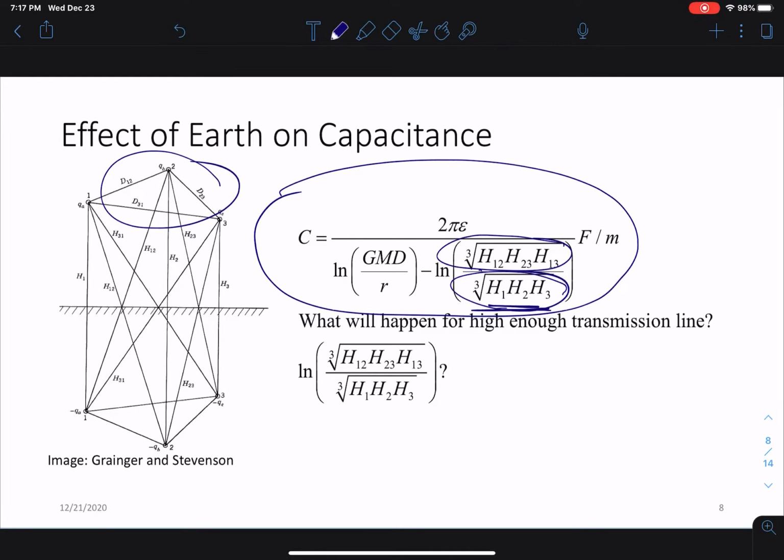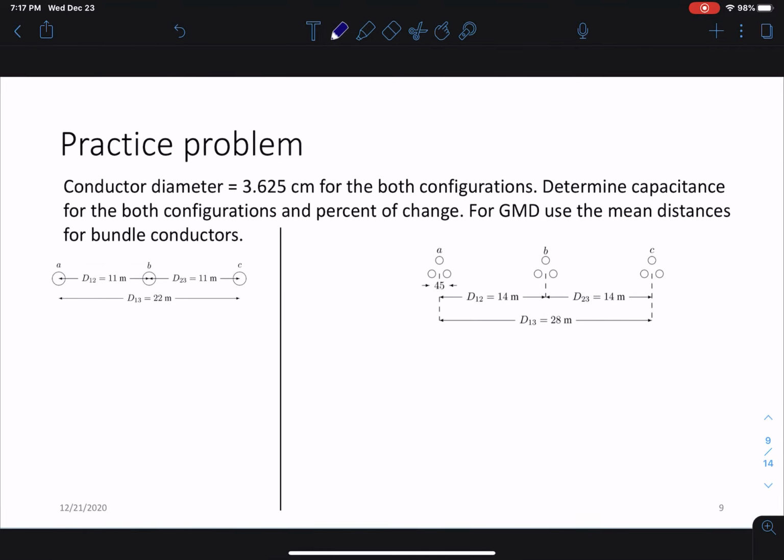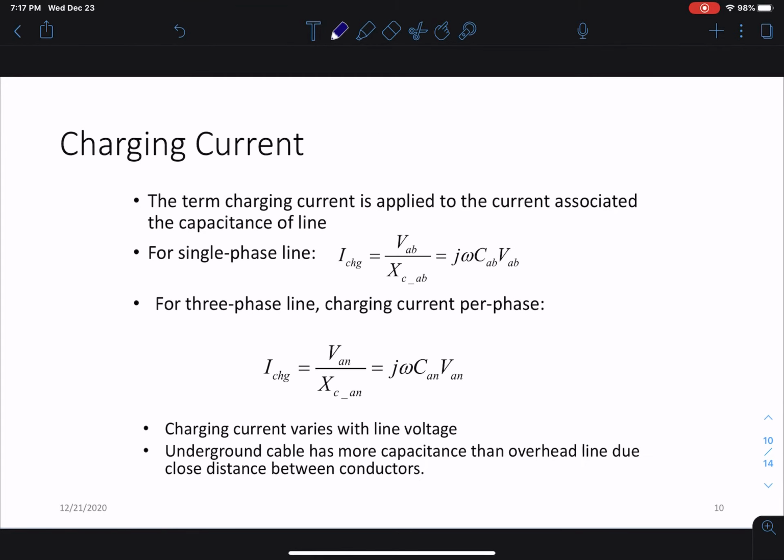Then this becomes ln 1, which equals 0, so we only have the term from the previous equation. So if your transmission line is tall enough and high enough from the ground, you can ignore the ground effect in capacitance. We're going to do this problem in class.